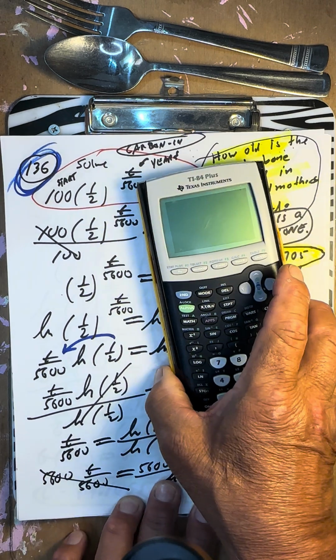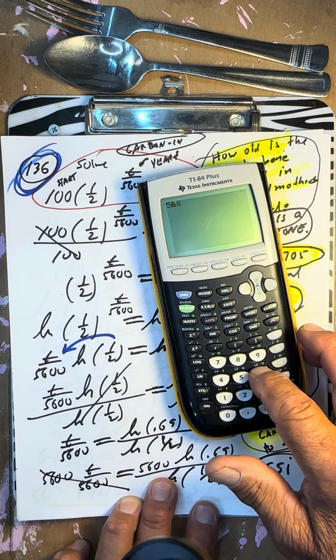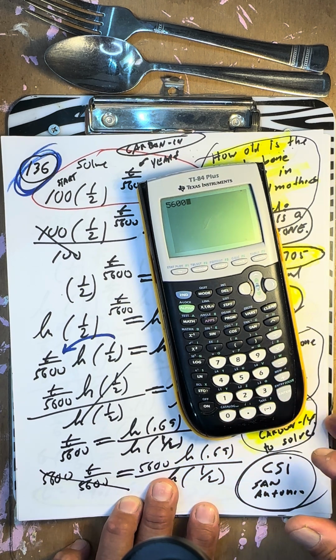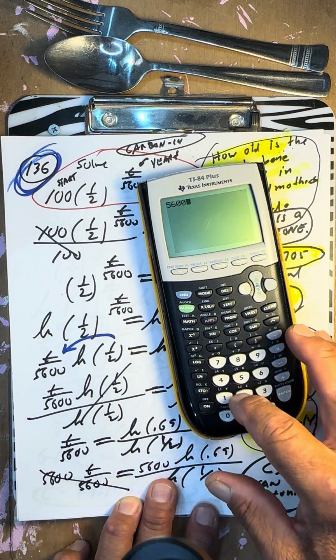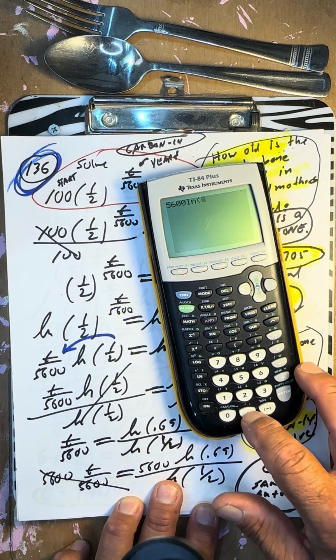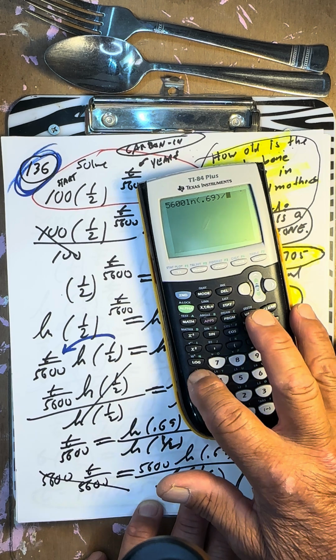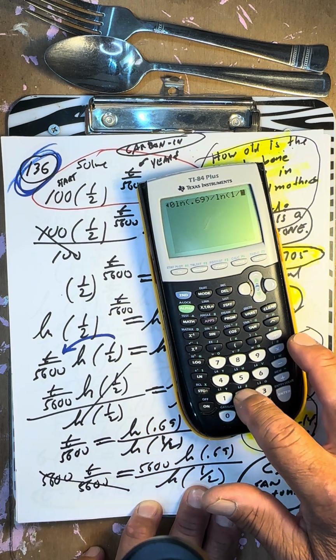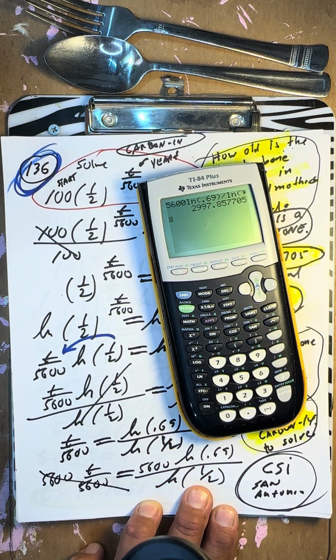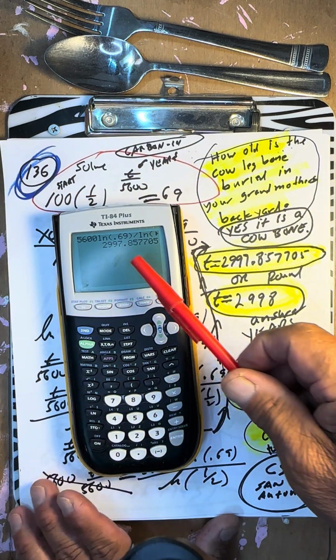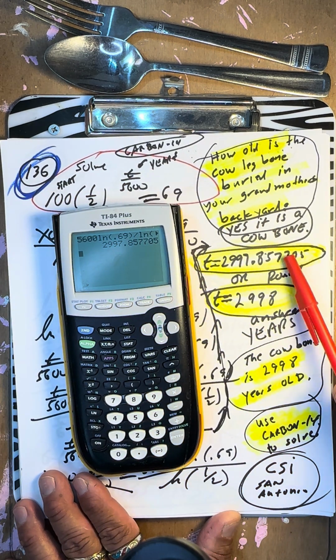Sure. Let's do it in a calculator. 5600 ln of 0.69 divided by ln of 1 divided by 2 gives us 2997.85. All these numbers here.